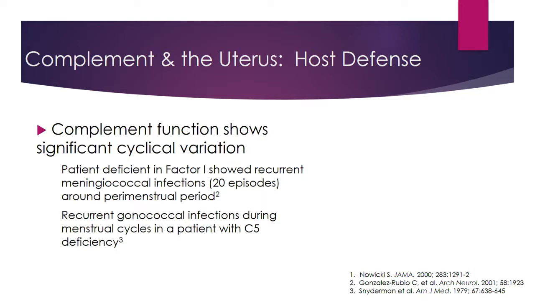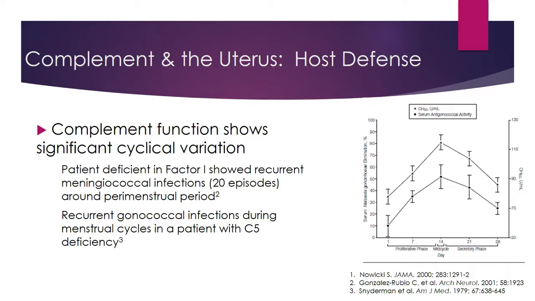So clearly there is a link between complement and menstruation in this patient, and its role in protection, because the patient was developing meningococcal infections. This was also described by Ralph Snyderman from our institute, who studied a patient with C5 deficiency who had, once again, recurrent gonococcal infections that were also very closely linked to her menstrual cycles. So very striking.